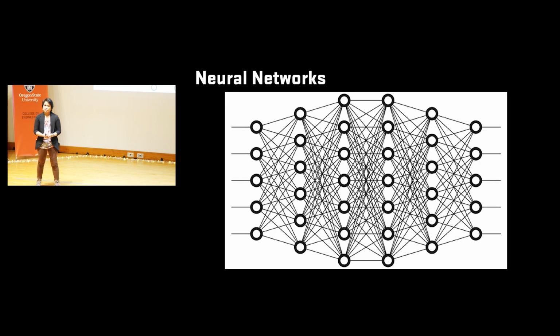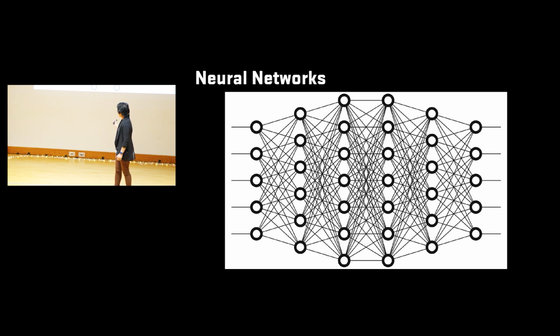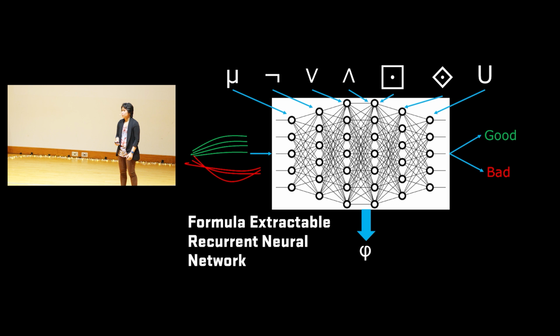The answer in our case is an artificial neural network. For those of you who aren't familiar with a neural network, you can kind of think of it as a large supercomputer with all of these nodes acting as smaller processes within the computer to work together and output a decision. We don't use just any neural network for logical inference. We actually create our own neural network where we embed the nodes with the temporal logical operations from STL into the network.